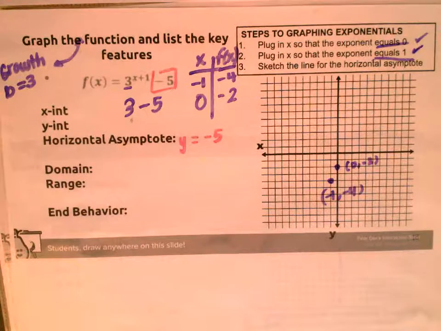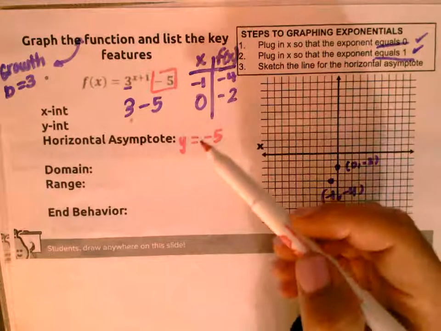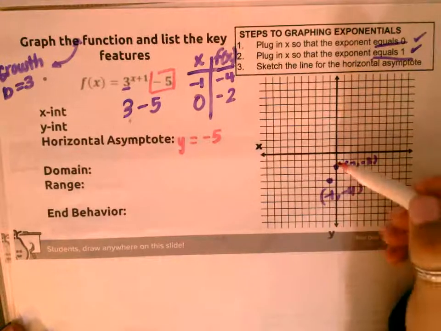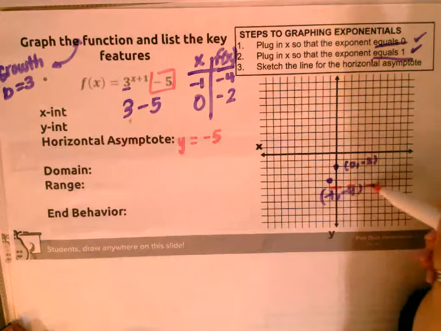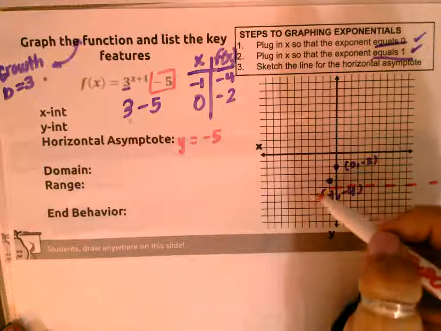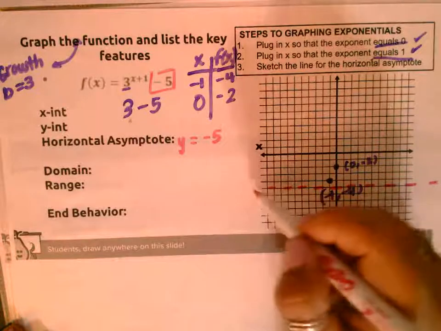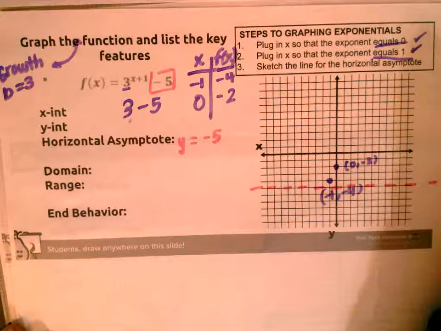And lastly, I need to sketch in the line for my horizontal asymptote. Remember, my horizontal asymptote is at y equals -5. So here's -1, -2, -3, -4, -5. Here's my horizontal asymptote at y equals -5.